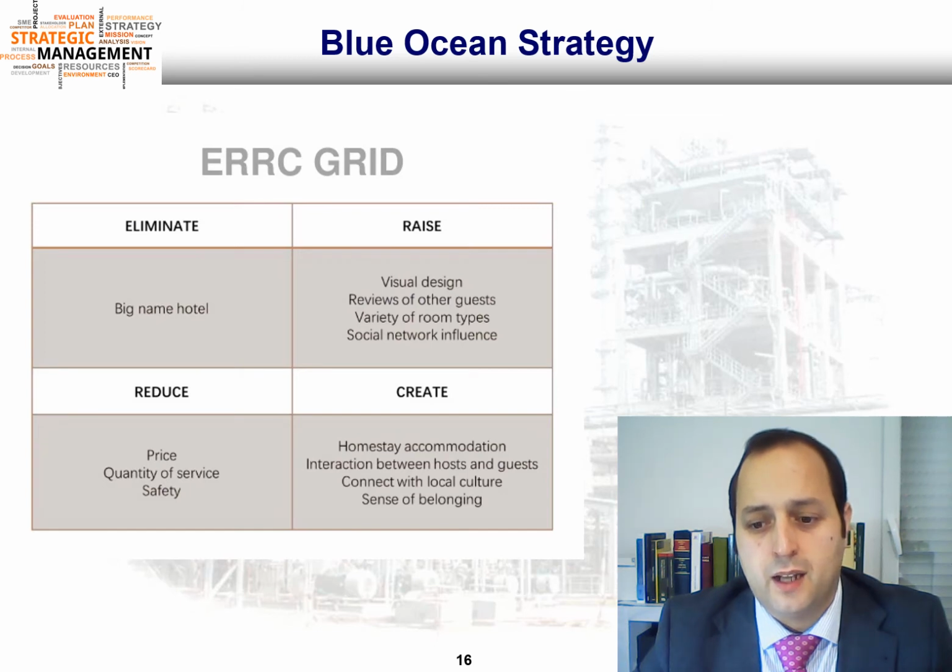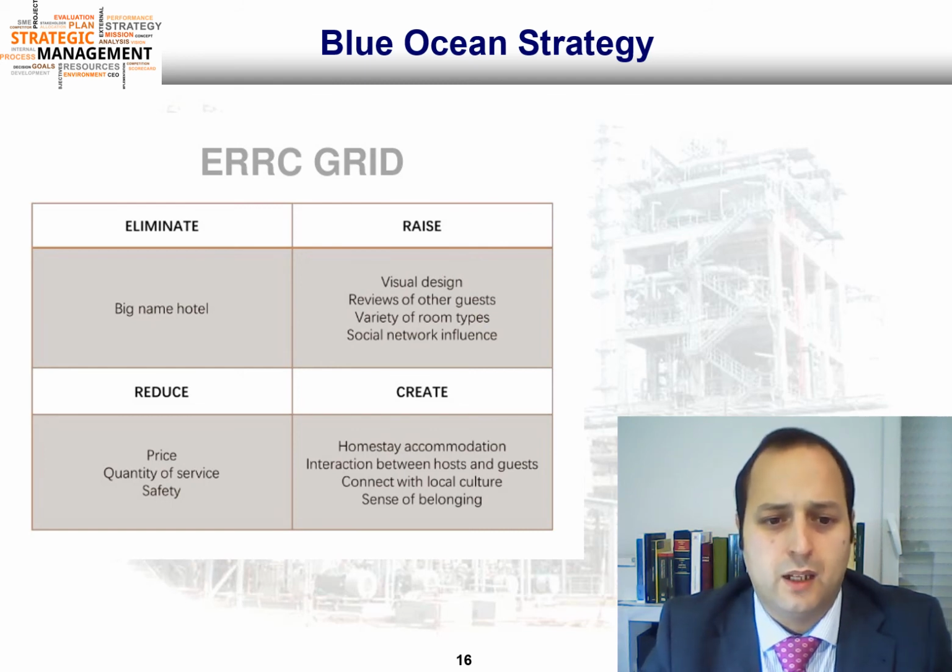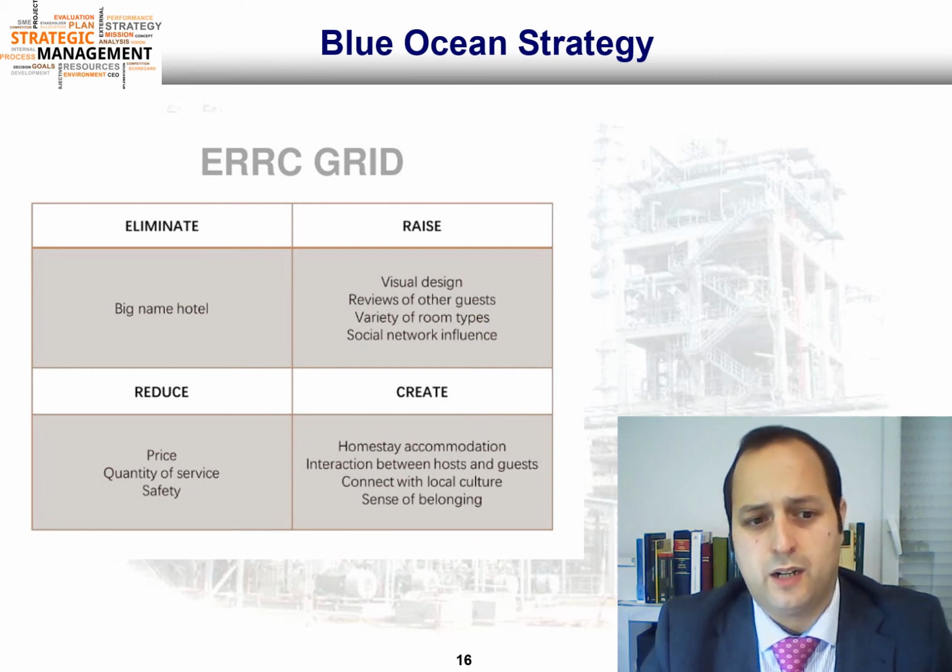Here you can find an ERRC grid of the blue ocean strategy of Airbnb. For example, Airbnb eliminated the big brand name. Airbnb raised the visual design, the reviews from other guests, the variety of room types. You can find from a $10 or $20 bed to a very luxurious villa on Airbnb. Social network influence.